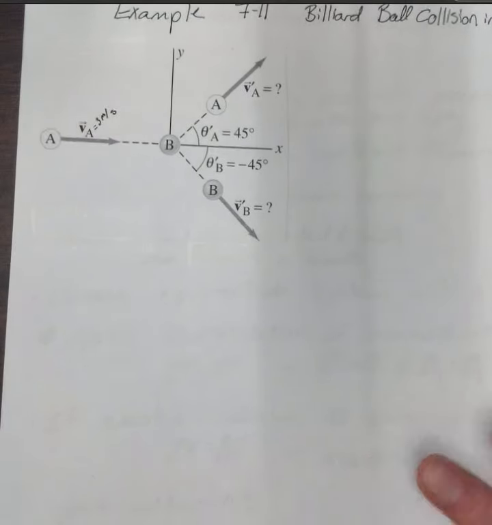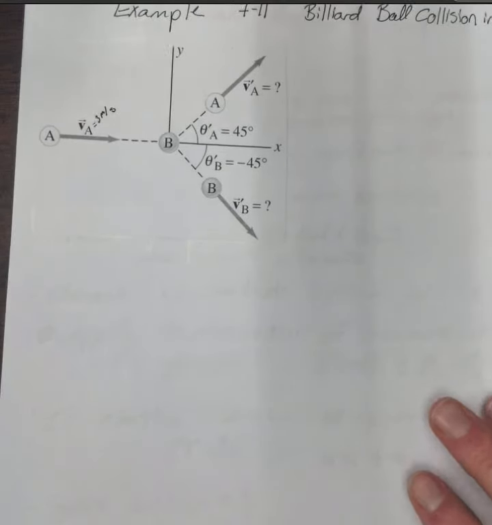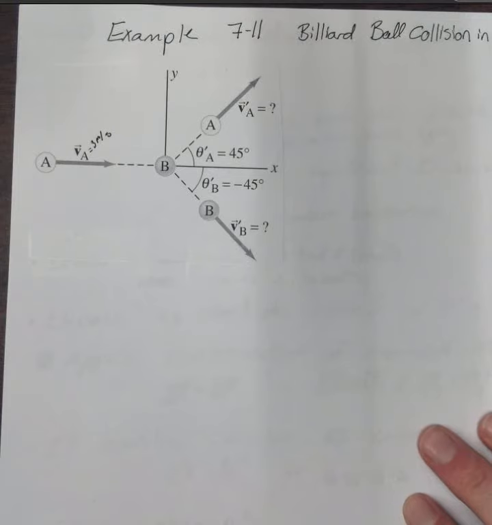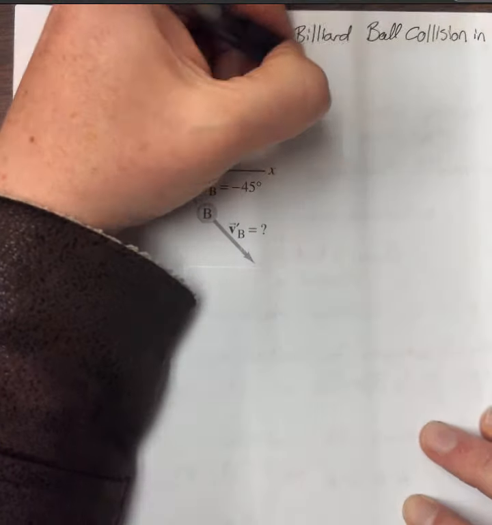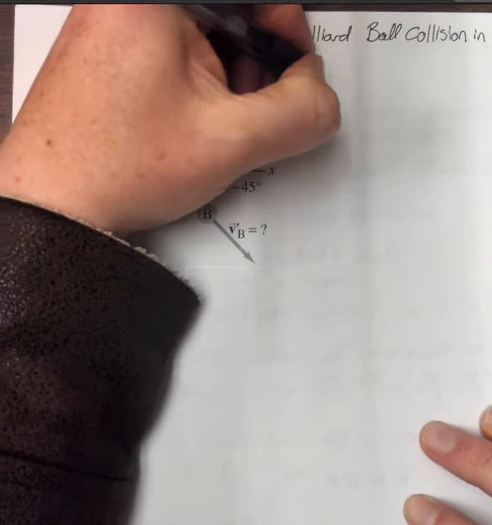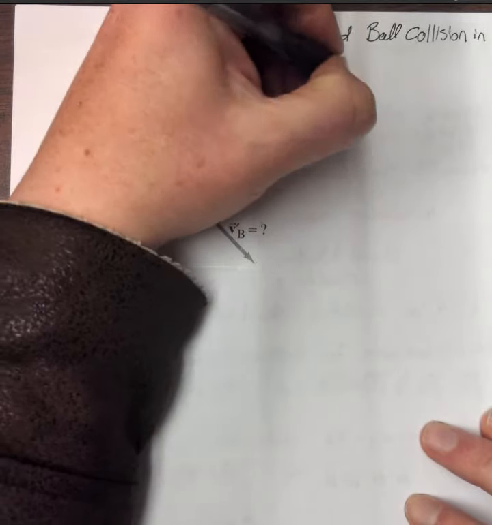And we'll give billiard ball B an initial velocity of 0. It's initially at rest. We're also going to establish that the balls are equal mass. So that means that the mass of billiard ball A is equal to the mass of billiard ball B, and that's going to be equal to m.